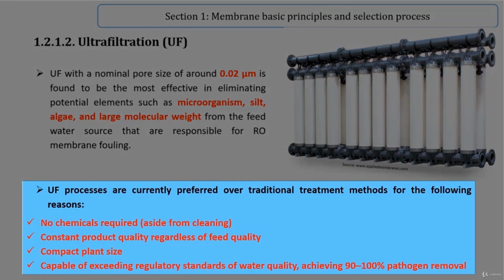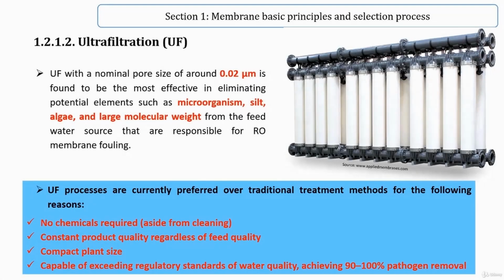Ultrafiltration processes are currently preferred over traditional treatment methods for the following reasons: no chemicals required, constant product quality regardless of feed quality, compact plant size, capable of exceeding regulatory standards of water quality, achieving 90 to 100% pathogen removal.